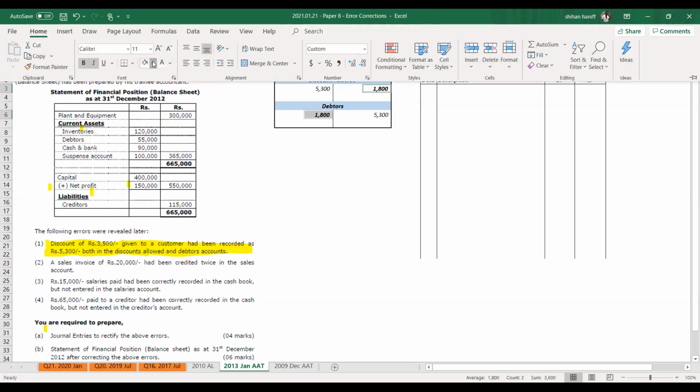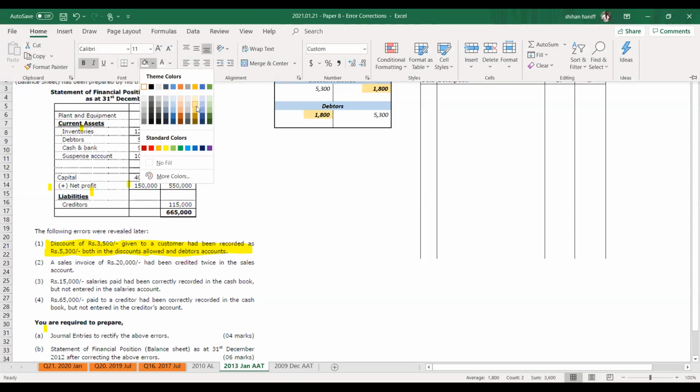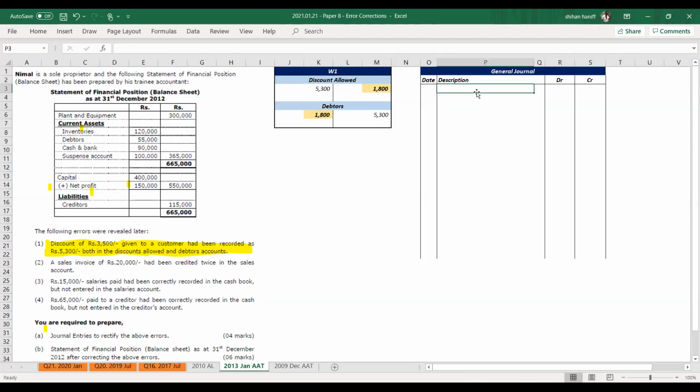So the correction entry is number 1, debtors account debit 1,800, discount allowed account credit 1,800.